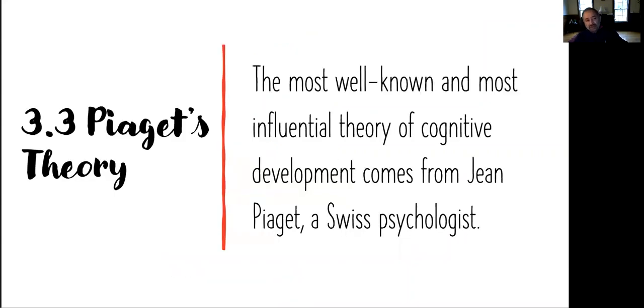So let's look at John Piaget's theory. The most well-known and most influential theory of cognitive development comes from John Piaget, a Swiss psychologist. His theory, which was published in 1952, is based on decades of observing children, including his own children, in a natural environment.